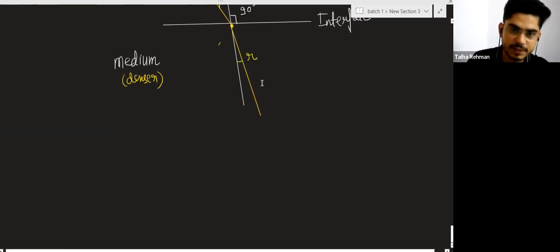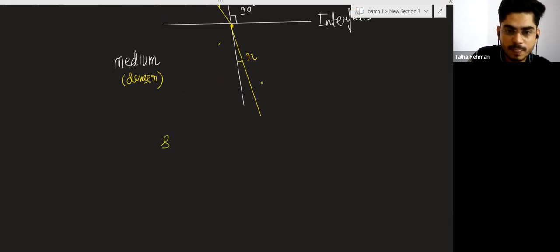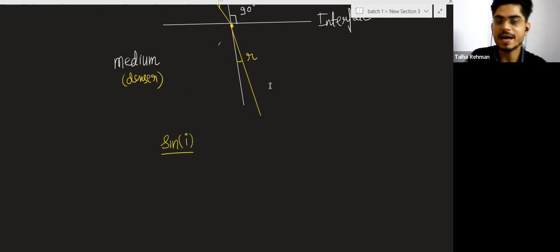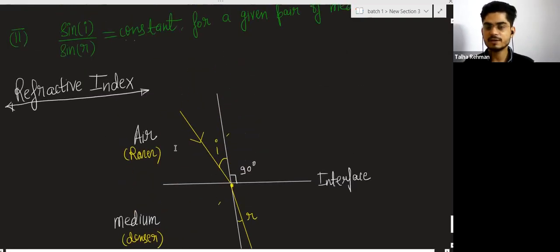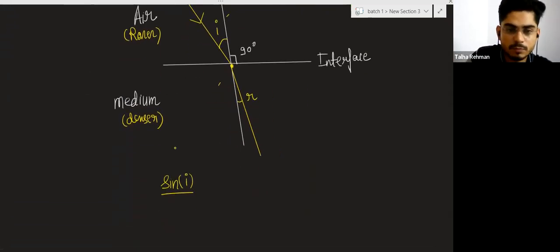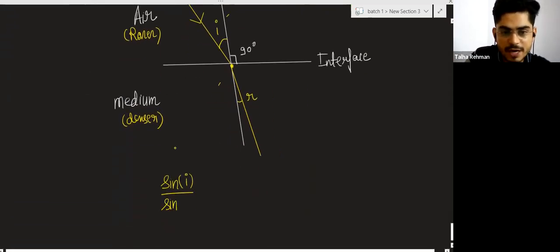Then if you take the ratio of sine of angle I, when light is traveling from air to any other medium, to sine of angle R, this term is known as the refractive index.